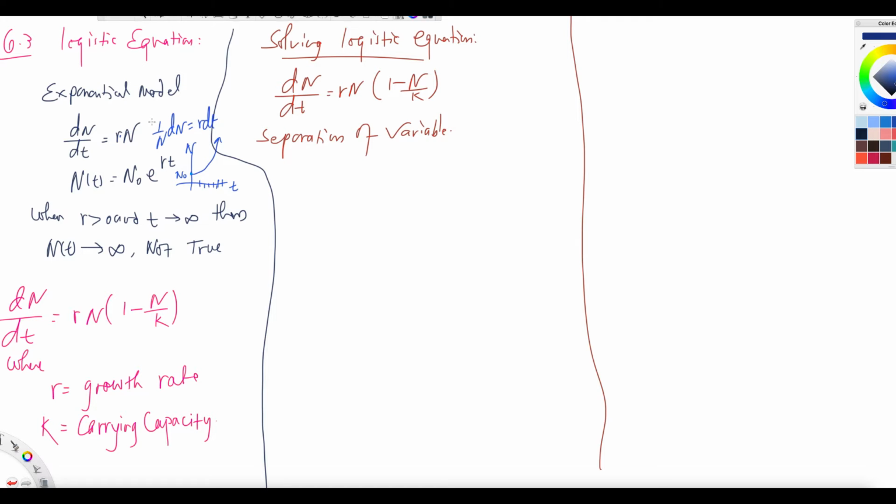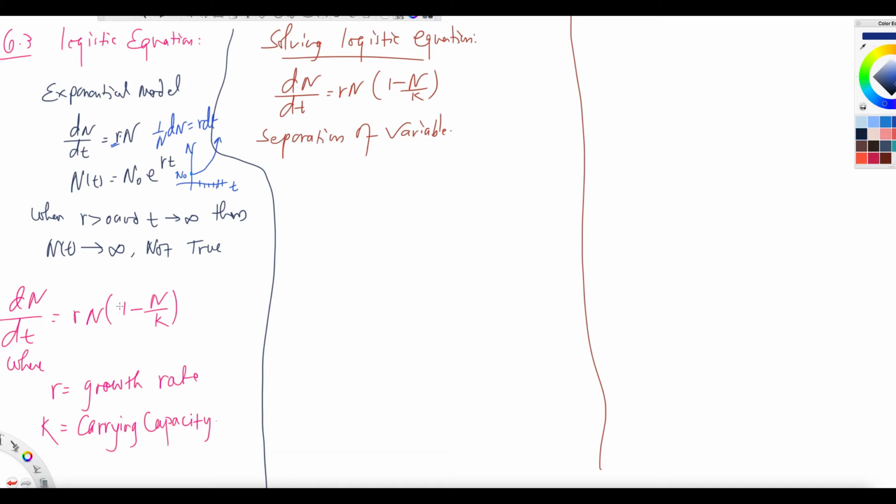Carrying capacity is the total resources available to sustain a certain population, okay? So if you want to take that into account, meaning that there are limited resources, then the differential equation dN over dt equals rN will be changed to dN over dt equals rN times 1 minus N over K, where r is the growth rate, like we have r here, and K is the carrying capacity.